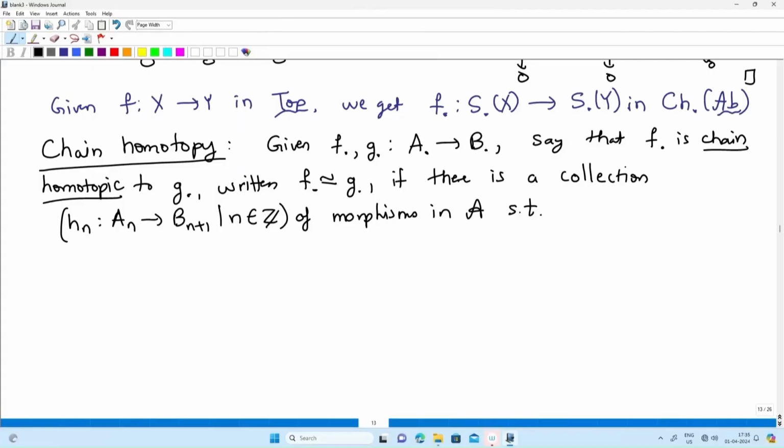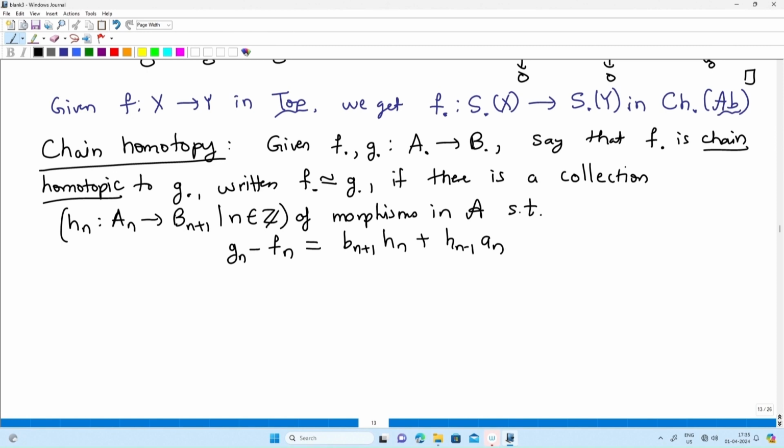This is just a loose collection of maps indexed by integers, such that, now this condition is important: Gn minus Fn is equal to dBn plus 1 Hn plus Hn minus 1 dAn.